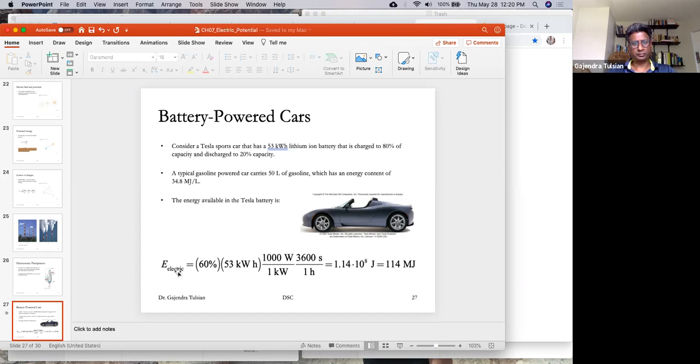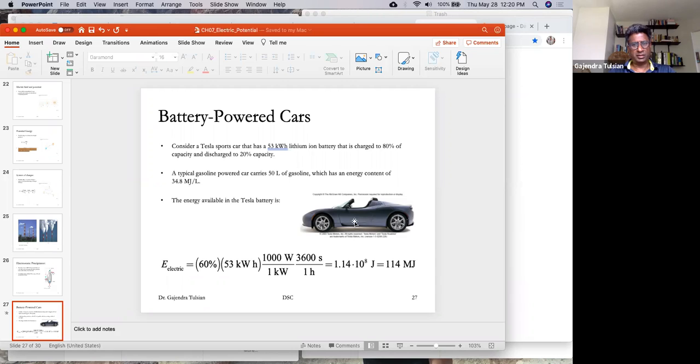All right. So here's a fully charged Tesla that has stored that much energy. And here's a full tank of gasoline with 50 liters of gas. And when you burn gasoline, you get 35 megajoules of energy per liter.